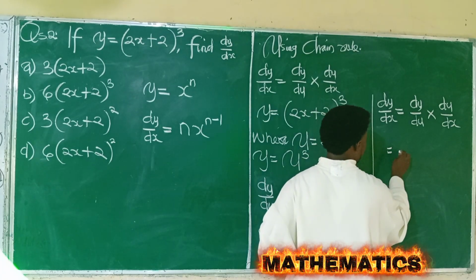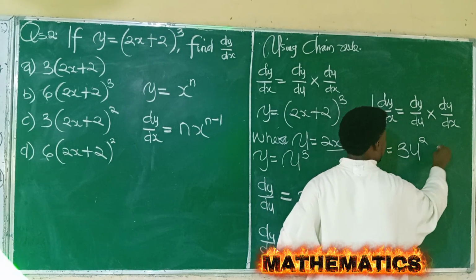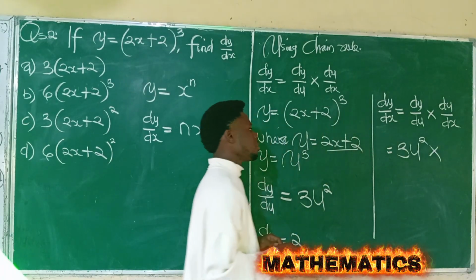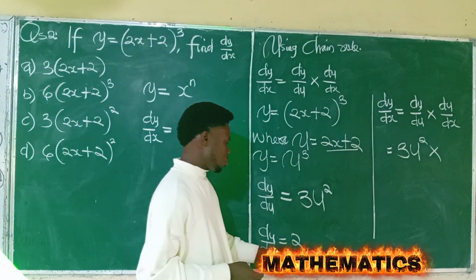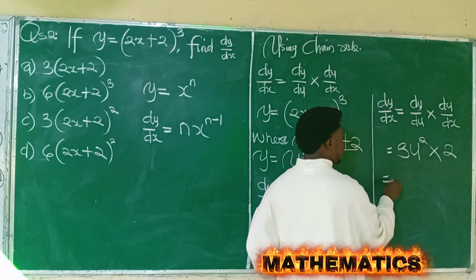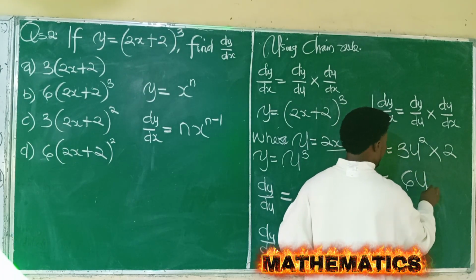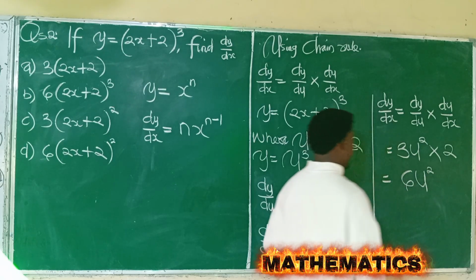So we have 3u raised to the power of 2 times du over dx, which is given as 2. Multiply this by 2, so we have 3 times 2 gives 6u raised to the power of 2.